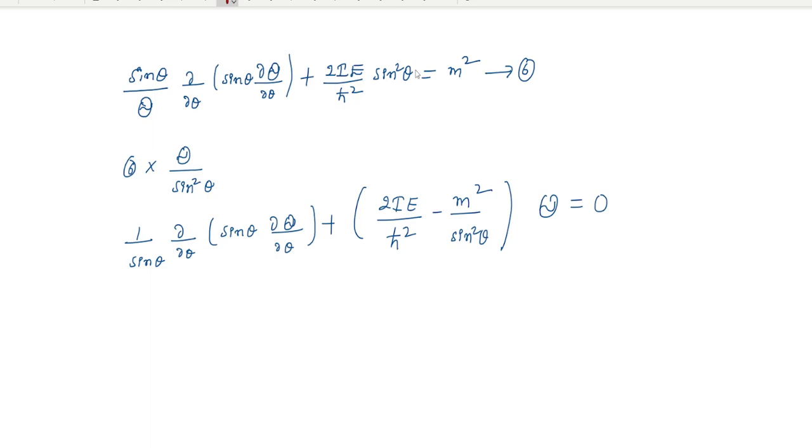After multiplying this equation, you will get this.